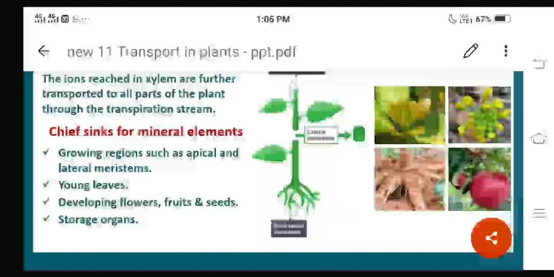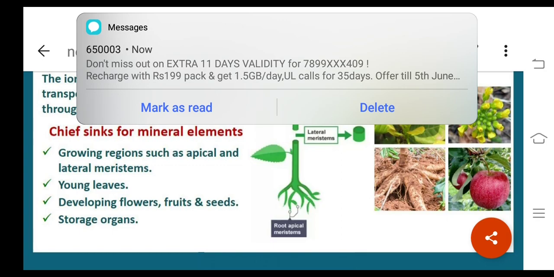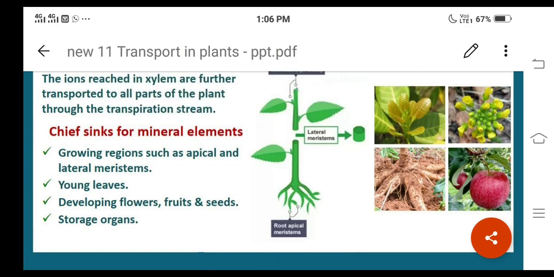And what are the chief sinks for mineral elements? It means where the minerals get utilized. We are going to mention the chief sinks for the mineral elements, where the various minerals are utilized in the plant.